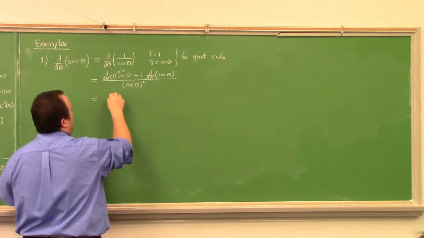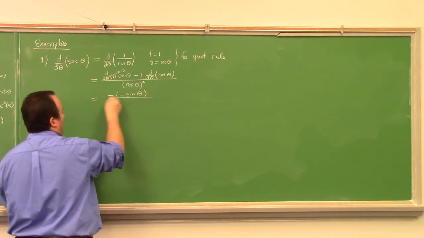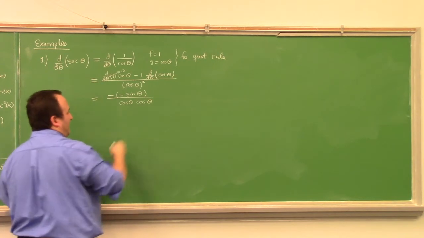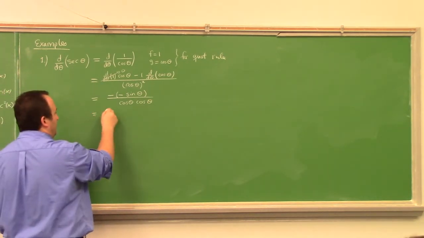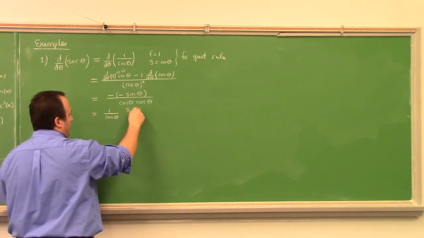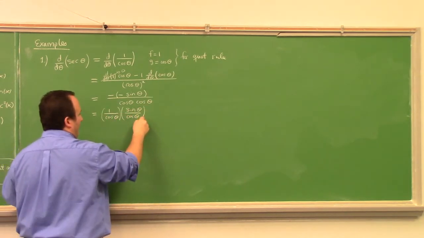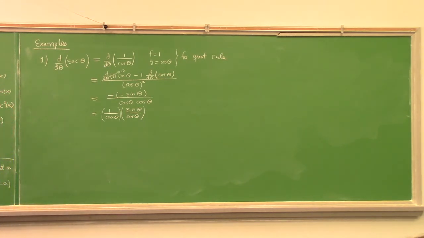And this is minus sine theta. Cosine theta times cosine theta, right? I'll write it that way to kind of lead you guys. Minus minus gives me plus. And so we got 1 over cosine theta times sine theta over cosine theta. Where did the negative go? Minus minus is a plus. So what are we looking at here?